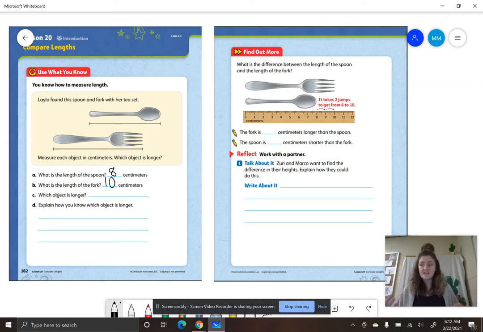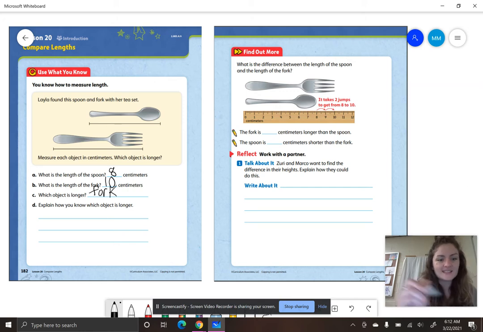So let's think about Allie now. Let's think about nerd ropes. Ooh, raise your hand if you've ever had a nerd rope before. Would you rather eat a Twizzler that's 8 centimeters long, or would you rather eat a Twizzler that is 10 centimeters long? You would rather eat the 10 centimeter long one, right? Why? Because it's longer. So which object was longer? The fork.